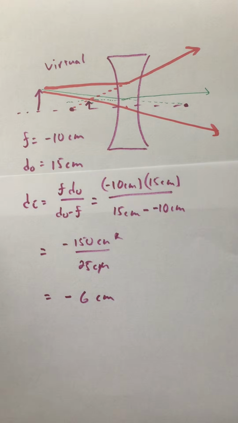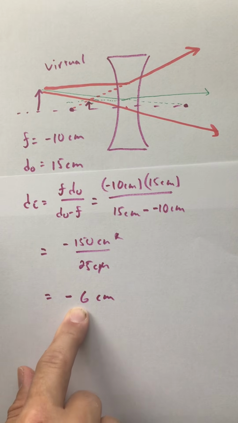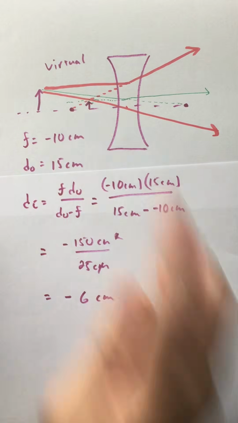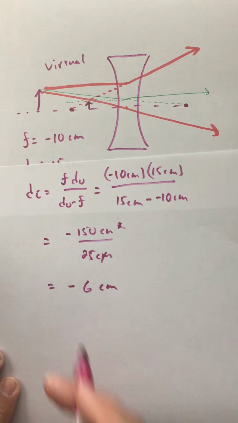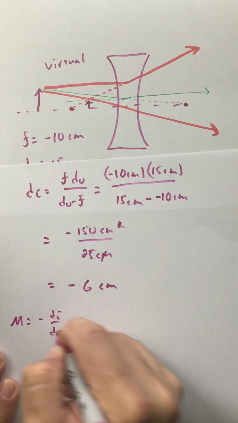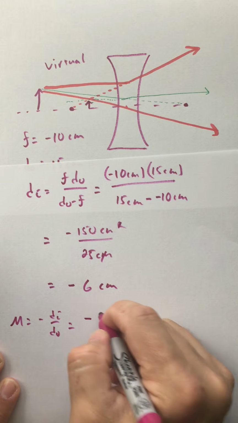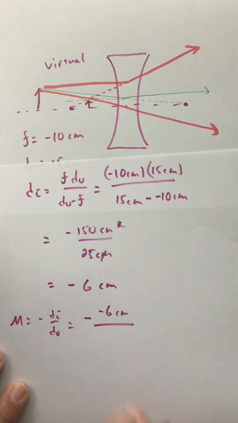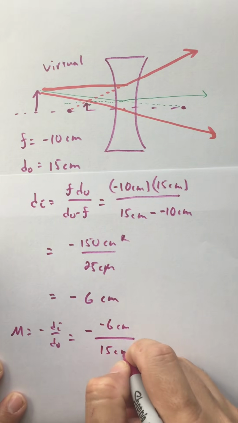Check. This is closer to the lens than my focal point, which is magnitude 10 centimeters away. Check. Let's check the magnification to make sure that lines up. Magnification is equal to minus d_i over d_o. That's minus from here, minus 6 centimeters over distance to the object is 15 centimeters.